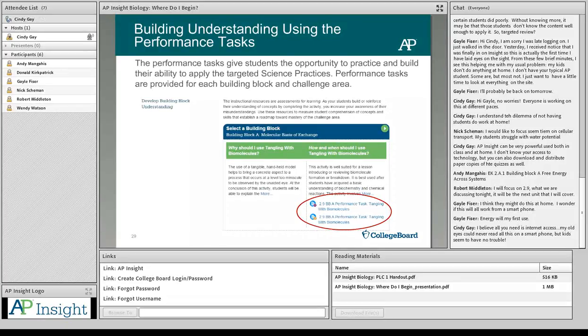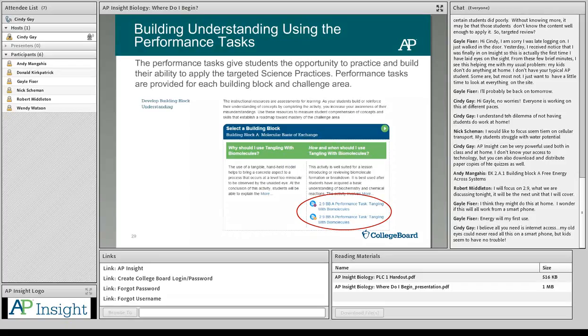We all have different situations, but I personally am always struggling to balance time for activities, time for content, time to allow students to just grapple, and time for students to self-reflect.